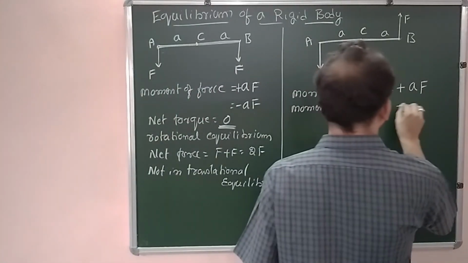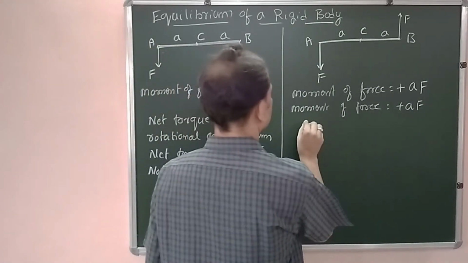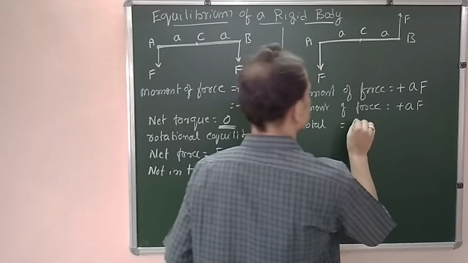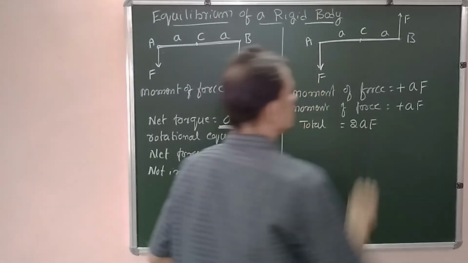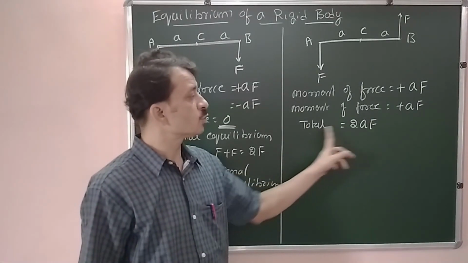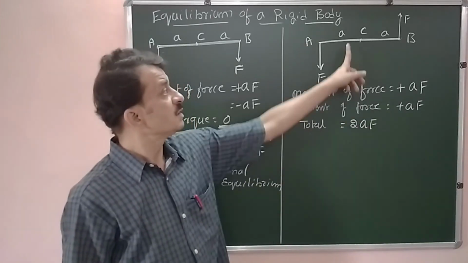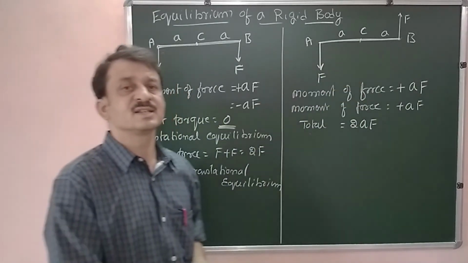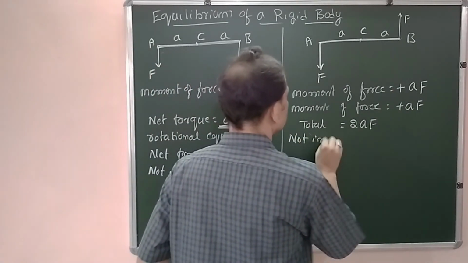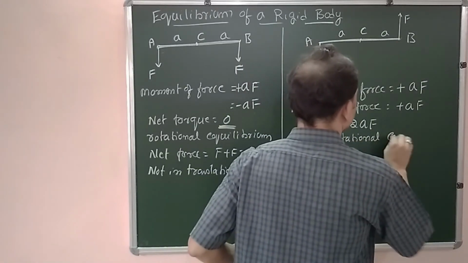Therefore, the total moment of force is equal to 2 times A into F. That means the total moment of force is not zero, and hence this rod is not in rotational equilibrium.